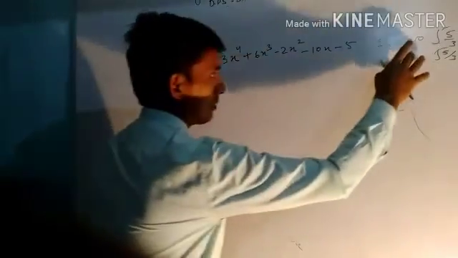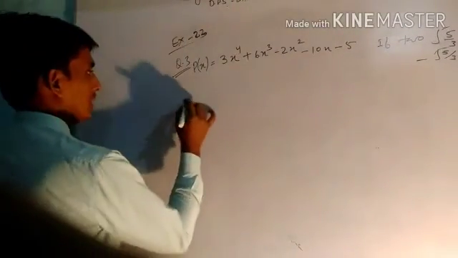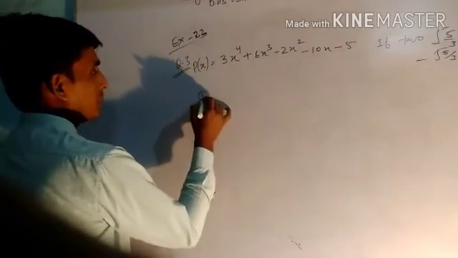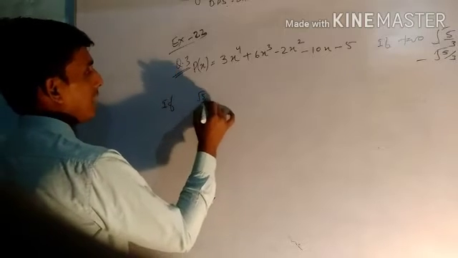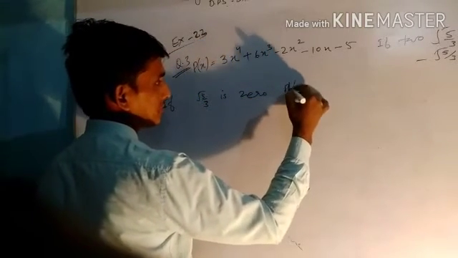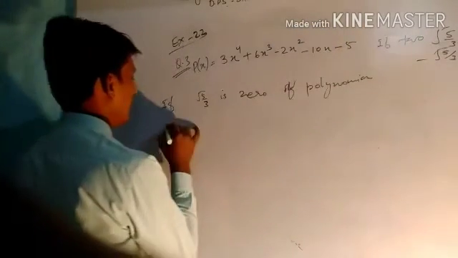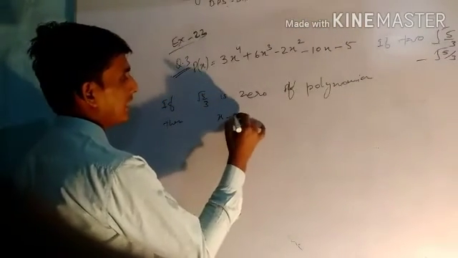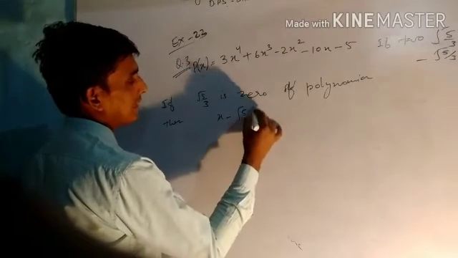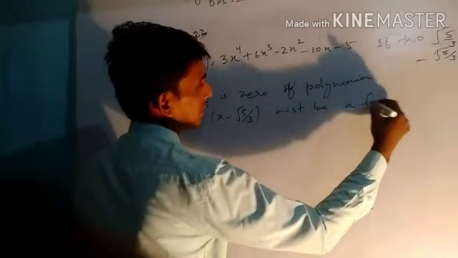So suppose root 5 by 3 is 0 of the polynomial, then x minus root 5 by 3 must be a factor of the polynomial.